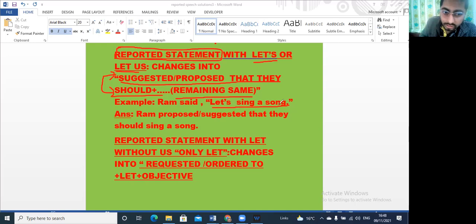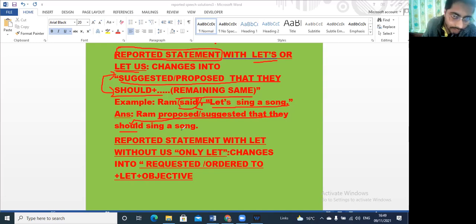Now, whenever you see let's, then said is replaced by proposed or suggested that they should. Always remember this. Ram said, let's sing a song. Ram proposed or suggested that they should sing a song.